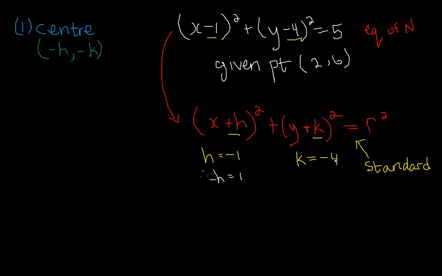And if k is minus 4, that means that minus k would be equal to 4. So this is my center now. We said that minus h is 1, so we put 1 there, put your comma, and we said that minus k is 4. So this is my center, and that's the first step finished.